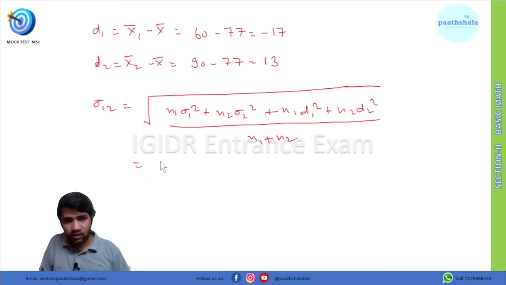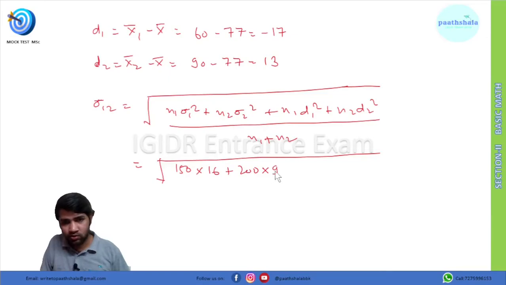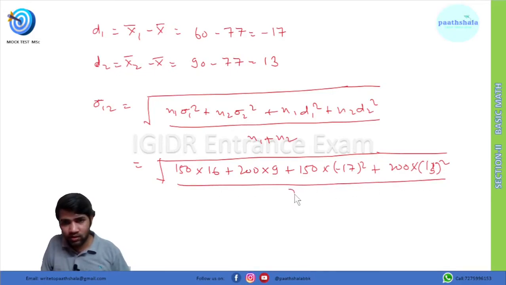Okay, so when you solve it by putting all the values, n1 is 150 and sigma 1 is 4, so square will be 16, and n2 is 200 and sigma 2 is 3, so square will be 9. n1 is 150 and d1 square will be minus 17 whole square, plus 200 into d2 square, that is 13 whole square, divided by 350.